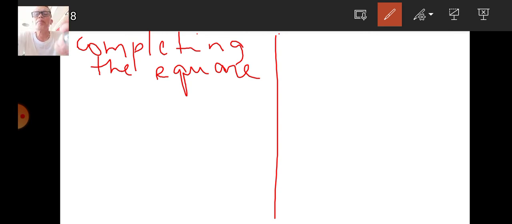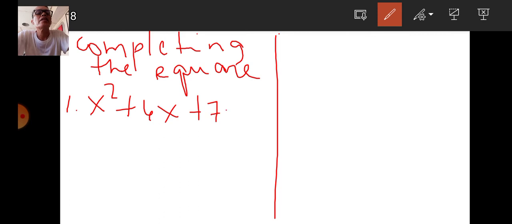For example, we have number 1, x squared plus 6x plus 7 equals 0. So in solving a quadratic equation by completing the square, you have to transpose the constant term to the other side.